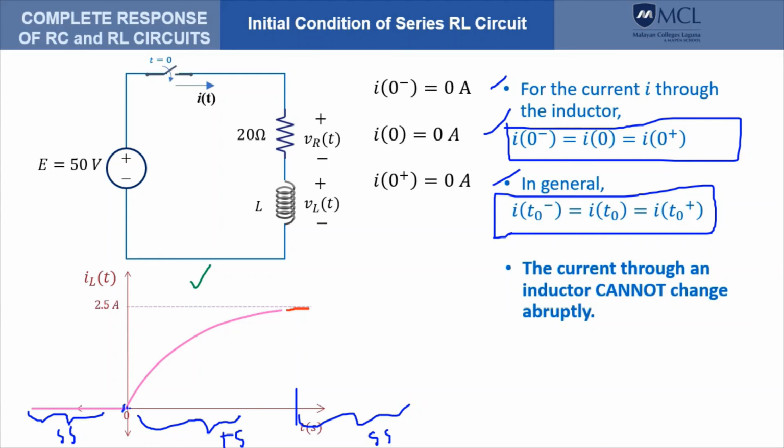The current through an inductor cannot change abruptly, because if that happens, that means we have a very large voltage across the inductor, because the voltage there is L di/dt. If current changes abruptly, that means you have an infinite slope, and that will give you a very large voltage.